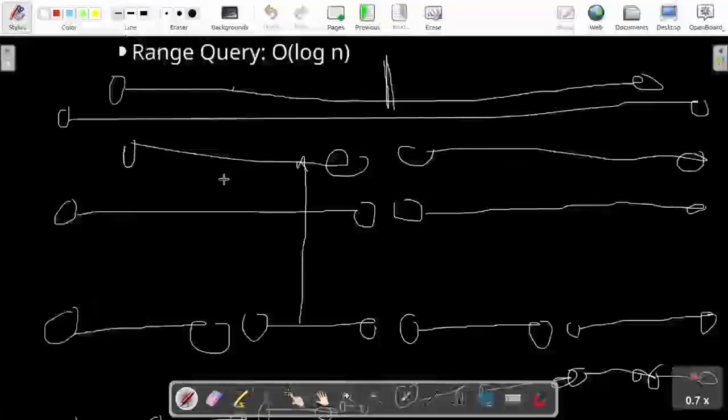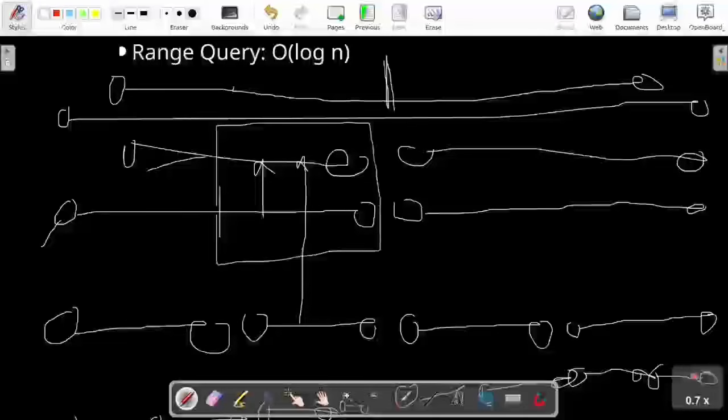Similarly here, as you can see, this array range was not completely overlapping with the query. That's why we divide it from the middle in these two parts. But if you see the part from its middle, it was already completely overlapping with our query.